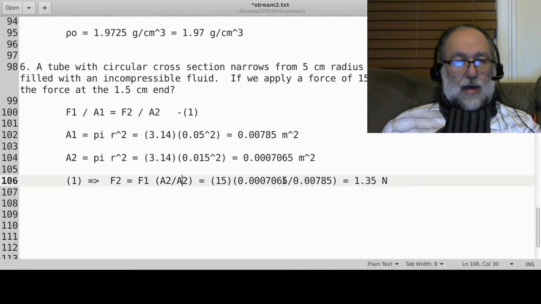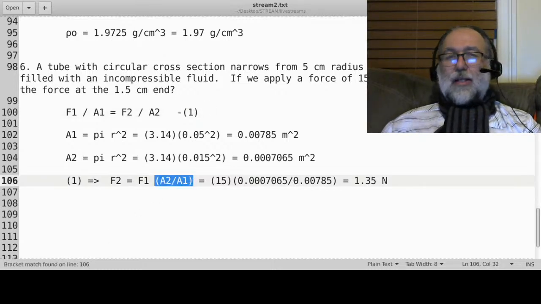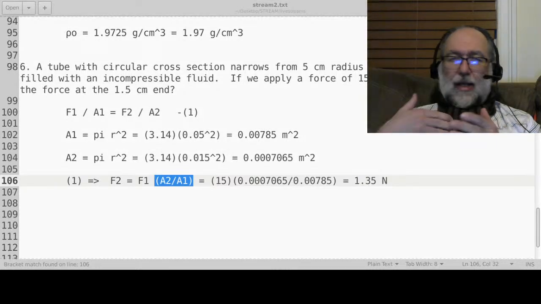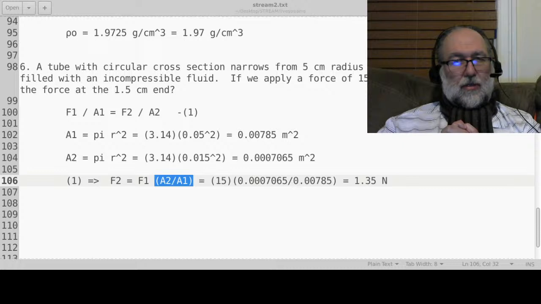We should have A1 on the bottom here like that. There we go. So F2 is going to be F1 A2 divided by A1. Basically, we had F1 divided by A1, but then I multiply both sides by A2, so there it is. And I put the A1 and the A2 together to show you that the ratio of the forces is the same as the ratio of the areas.